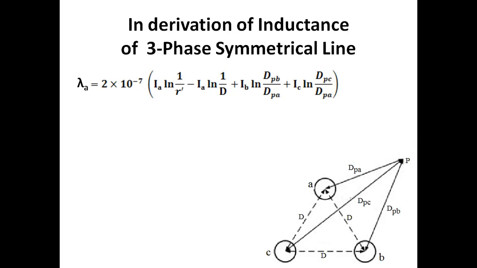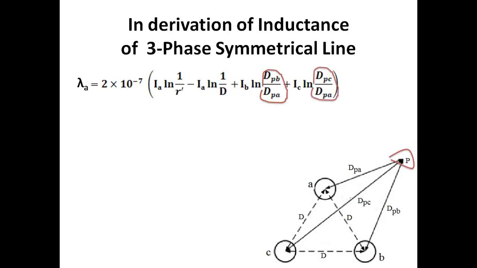This is the ultimate equation of flux linkages for lambda A. In this case, we consider an external point P situated at infinite distance, very far from the system. Due to this point P, we have two terms, dPB by dPA and dPC by dPA. These are the two distance ratios.